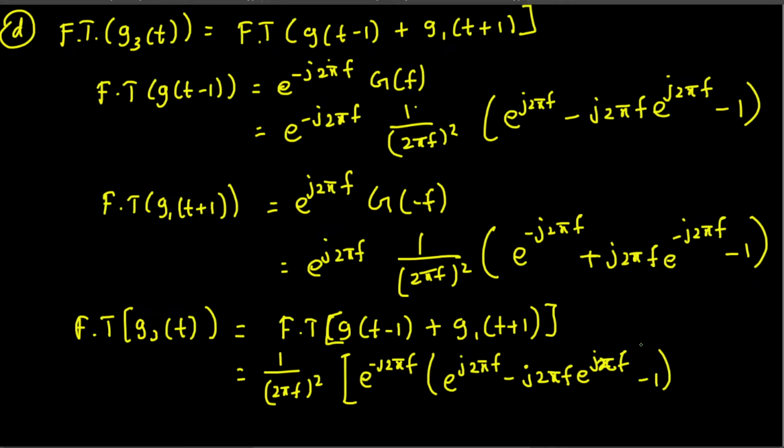And for the other, okay, that is this one, and then we are going to add the other term, that is e power j 2 phi f, and in the bracket we are going to have e power minus j 2 phi f plus j 2 phi f e power minus j 2 phi f, and then minus 1.